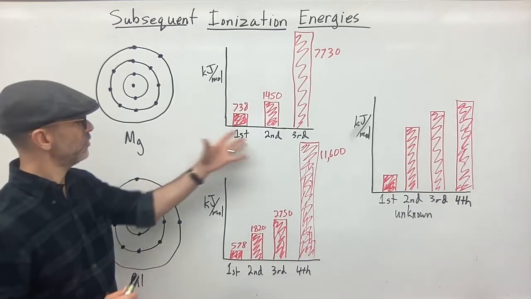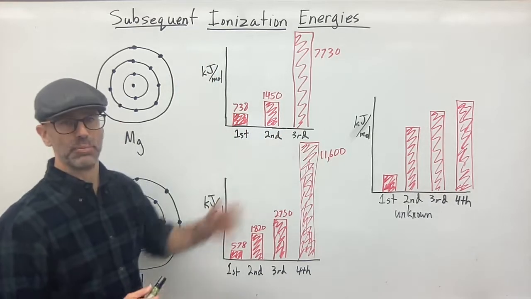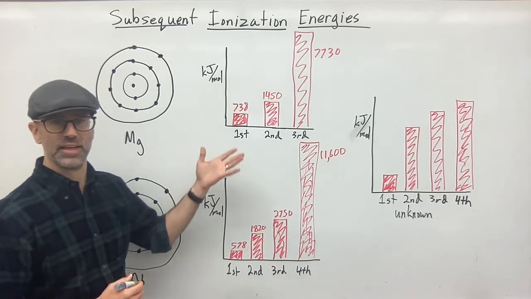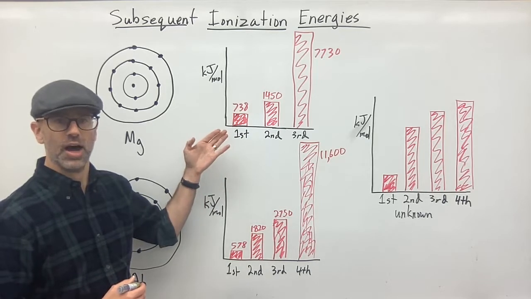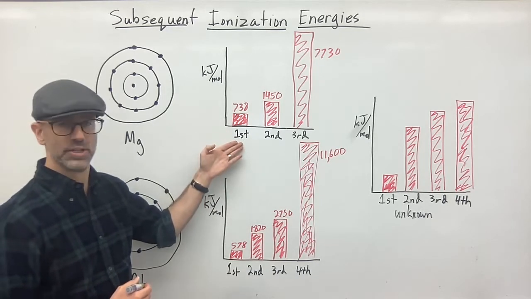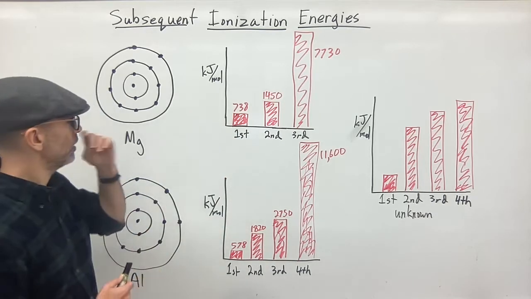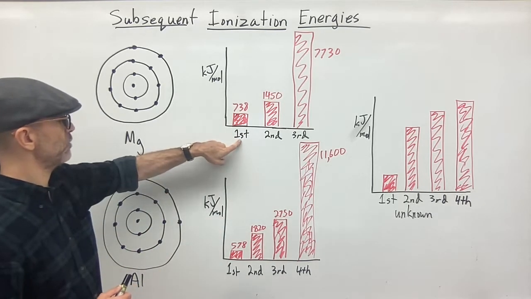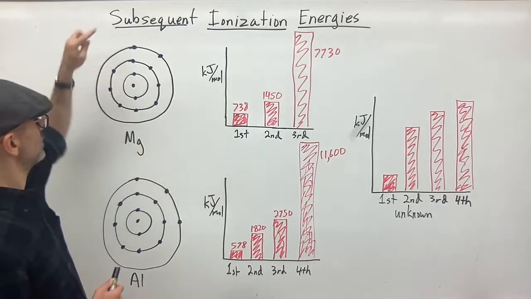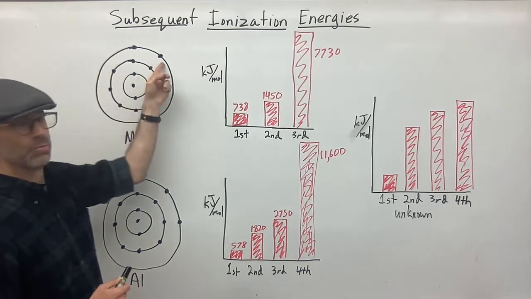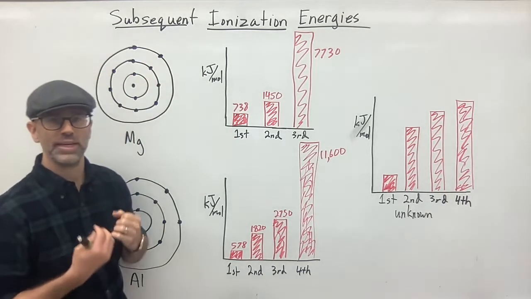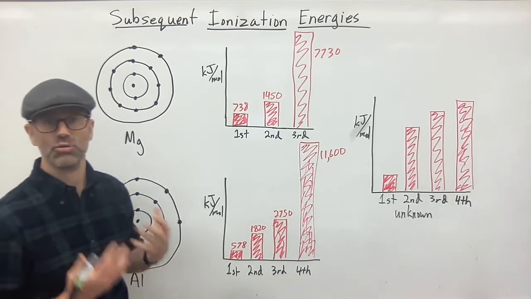In this table I have the energy that it takes to remove the first electron, the second, and the third electron. So we're going to remove the valence electrons first because those are the easiest.